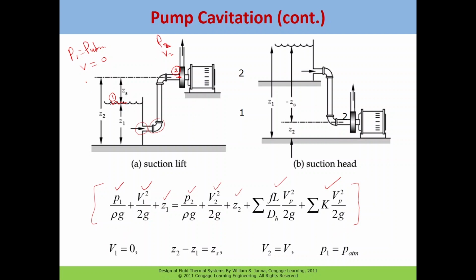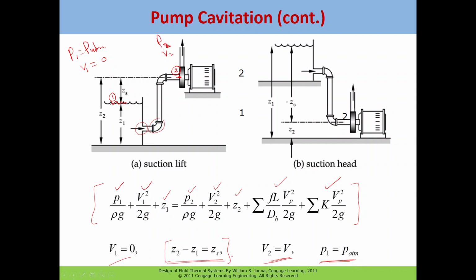Now we can simplify that. V1 here is going to be 0, V2 is basically the velocity in the pipe, and P1 is atmospheric pressure. Remember that this is Z2 and this is Z1. So Z2 minus Z1 we describe as the suction lift, which is Zs.